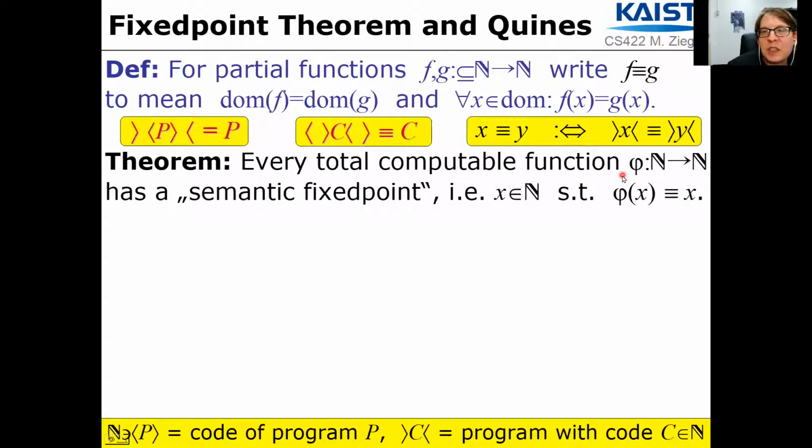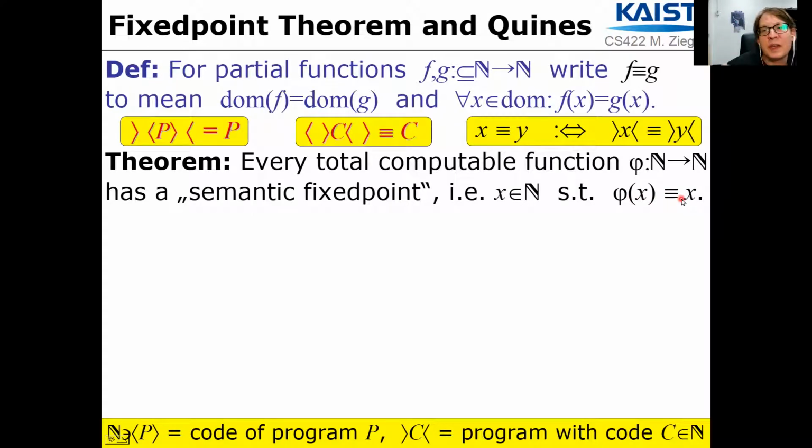If we consider partial functions instead of total functions, then a partial function may have an empty domain at all, right? That's a worst case, in which case the statement becomes wrong, trivially so. Also, the statement trivially becomes wrong if we try to replace semantic fixed point with an exact fixed point, stating that this must be equal.